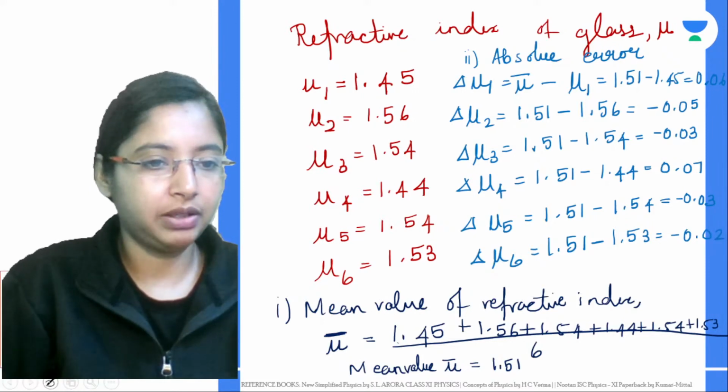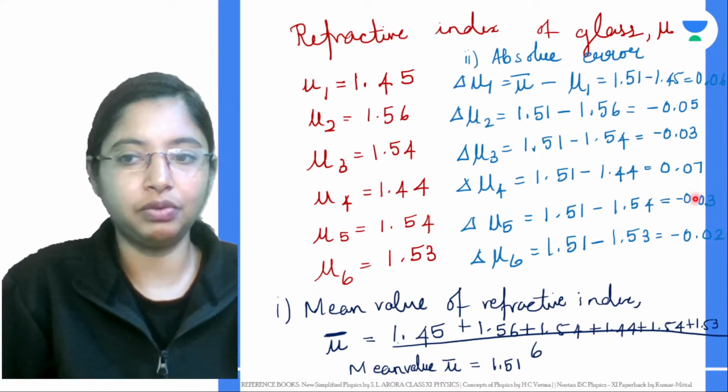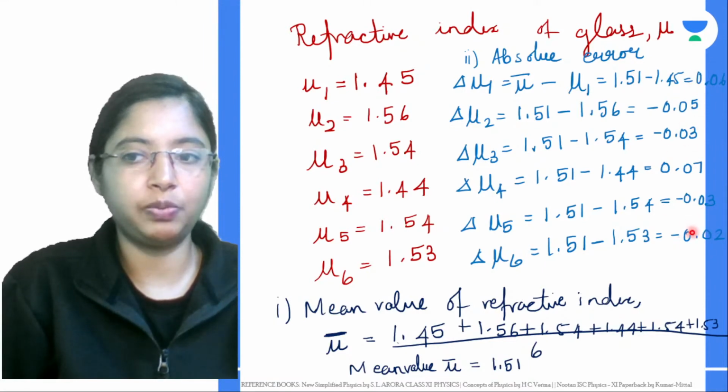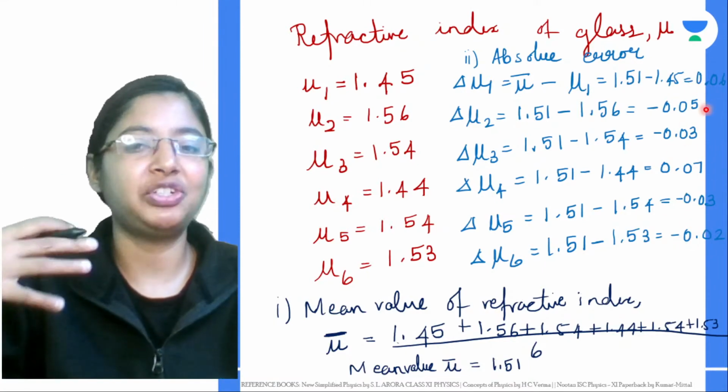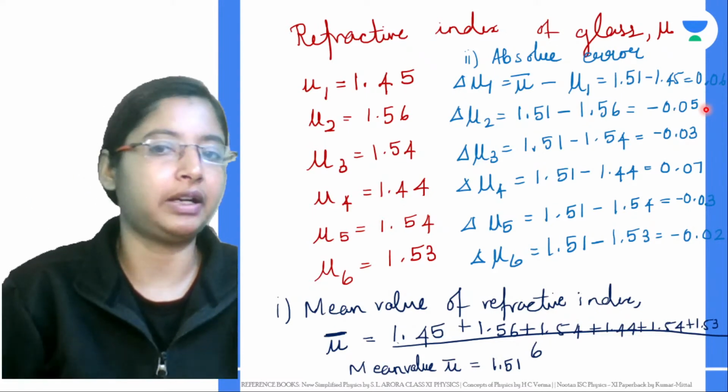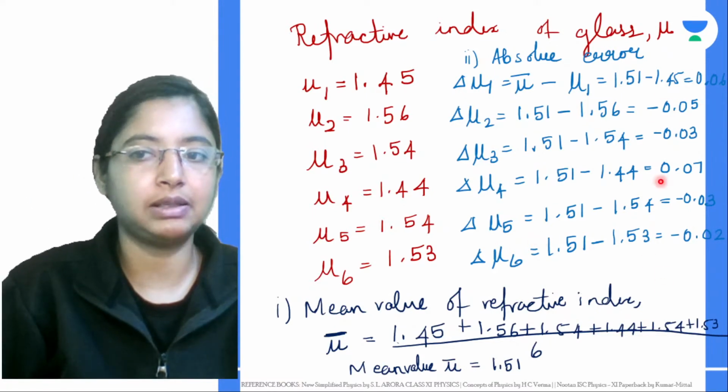When we did random errors, we learned that errors can be positive or negative. Now we have a set of values with both positive and negative. If you add them, they might cancel each other out and you could get an error of 0, but that's not the case. There is some error we are getting.